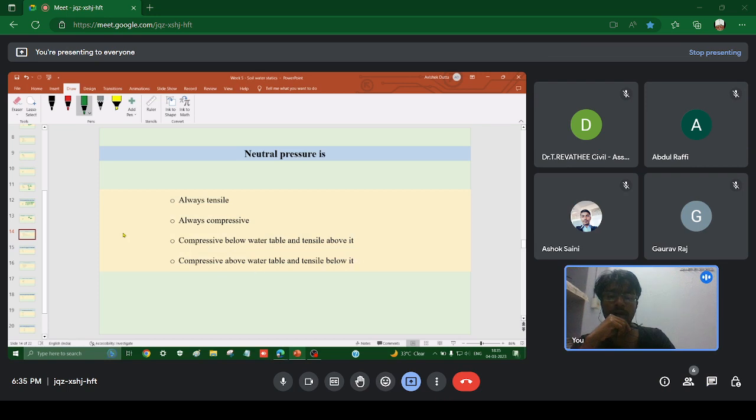Gaurav, you're not right. I think Abdul is right, because of the diagram I have just drawn. If something is above the water table, that means it is saturated by capillary action. Then in that capillary fringe, the pressure is tensile. This is the water table. Above it, there is pore pressure acting due to capillary action, and the pressure is tensile.